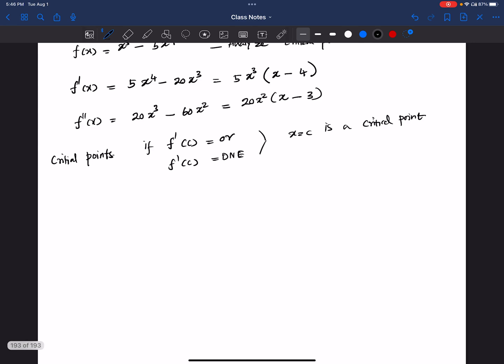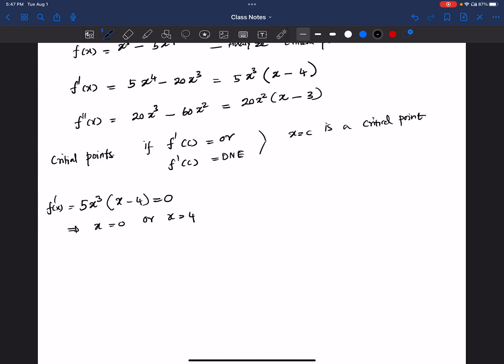So we set f prime of x equal to 0, that is 5x cubed times (x minus 4) equals 0. From that we get x equals 0 or x equals 4. These are the critical points.